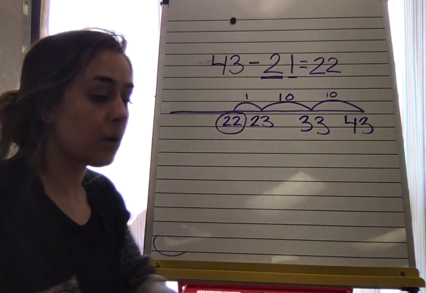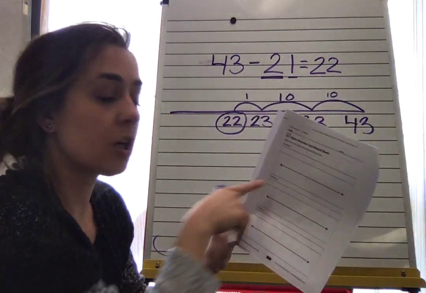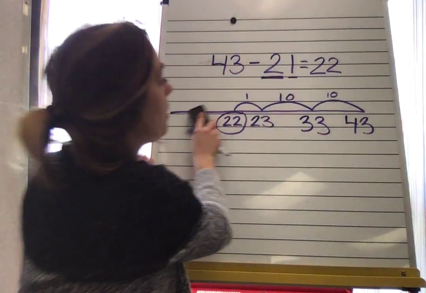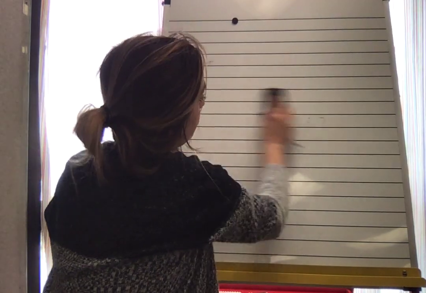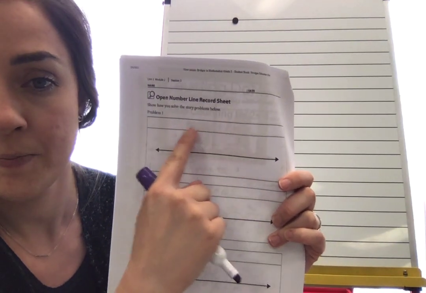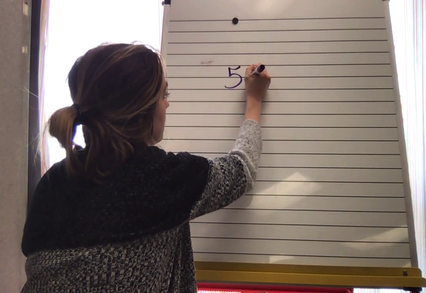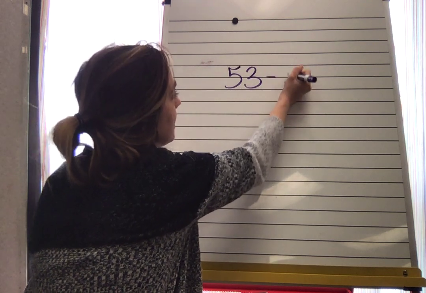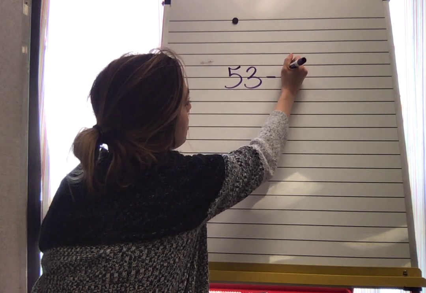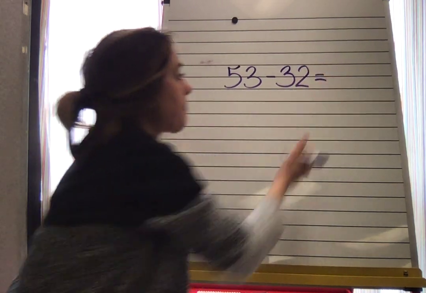All right, so now we're gonna do 1 more together, and then you're gonna do 2 by yourself. So here we go. These are all going to be subtraction. So right here on your paper where it says problem 1, you're going to write the number sentence. So I want to know what 53 minus 32 equals.